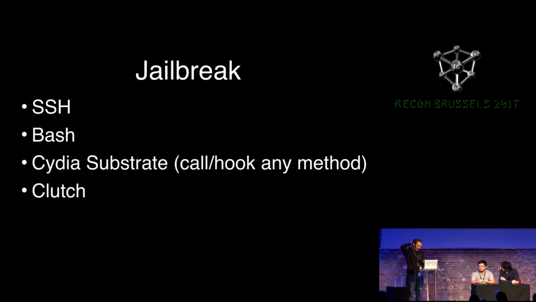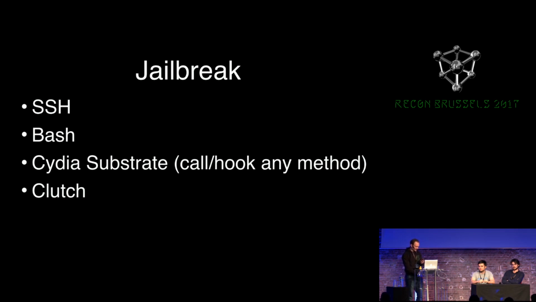So let's quickly overview what we can do on a jailbroken iOS device. Of course, none of this is available on a stock iOS device without jailbreak. First of all, we can connect to the device using the SSH protocol and get a nice bash command line.